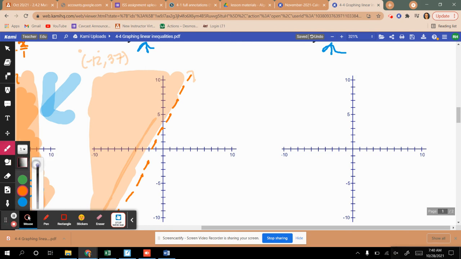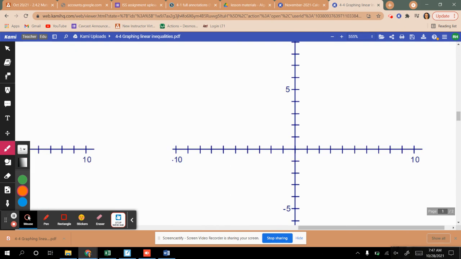Turn that transparency back up. All right, so plus 3 is right there. And then up 2 over 1, up 2 over 1, down 2 over 1, down 2 over 1, down 2 over 1.